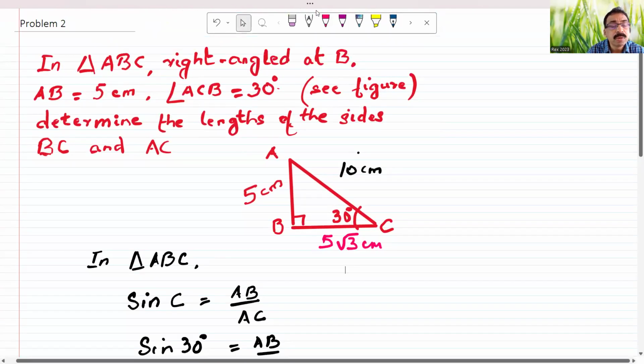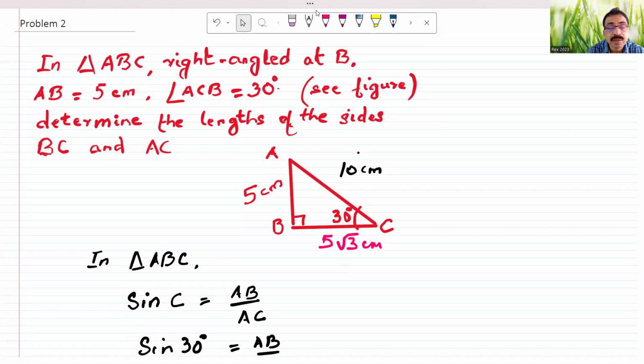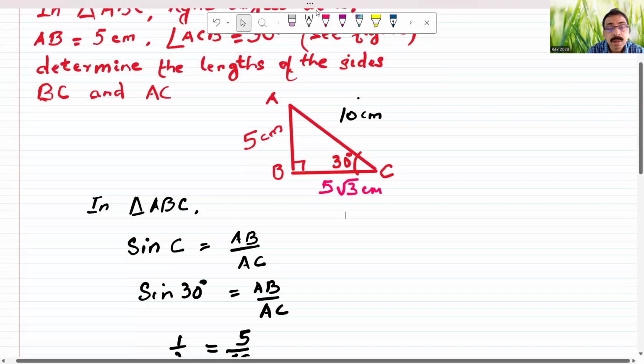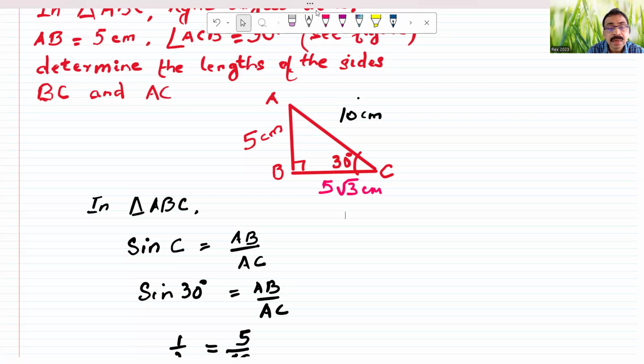Just to summarize, we were given just one side and one angle, and we were asked to find out the other two sides. But with that angle, we were able to get a relation between opposite and hypotenuse by using sine. We got the hypotenuse because we know the value of sine 30 is half. So we equated half is equal to 5 divided by 10, opposite by hypotenuse.